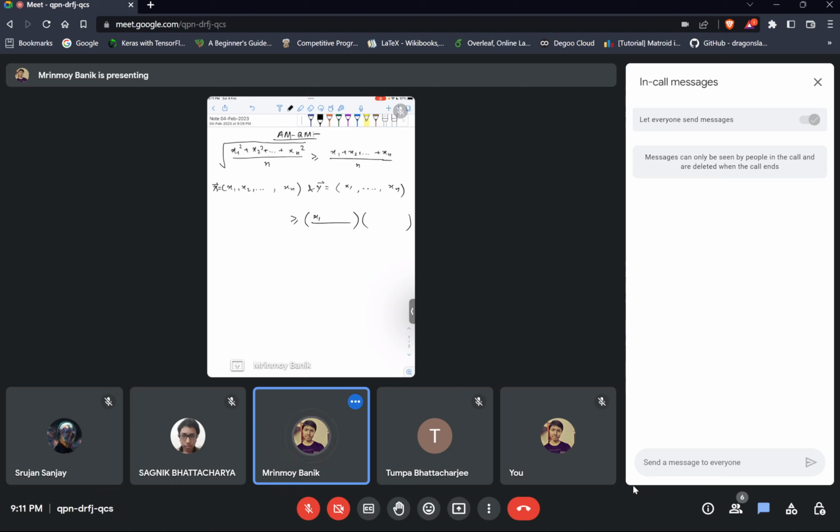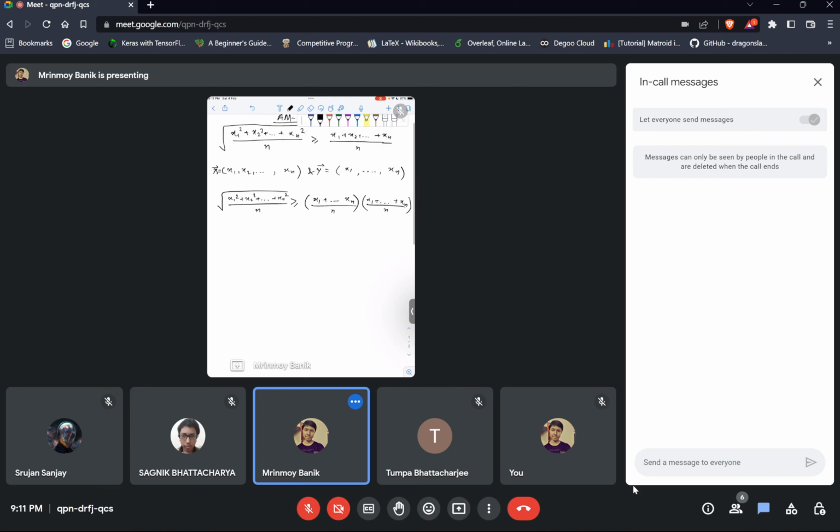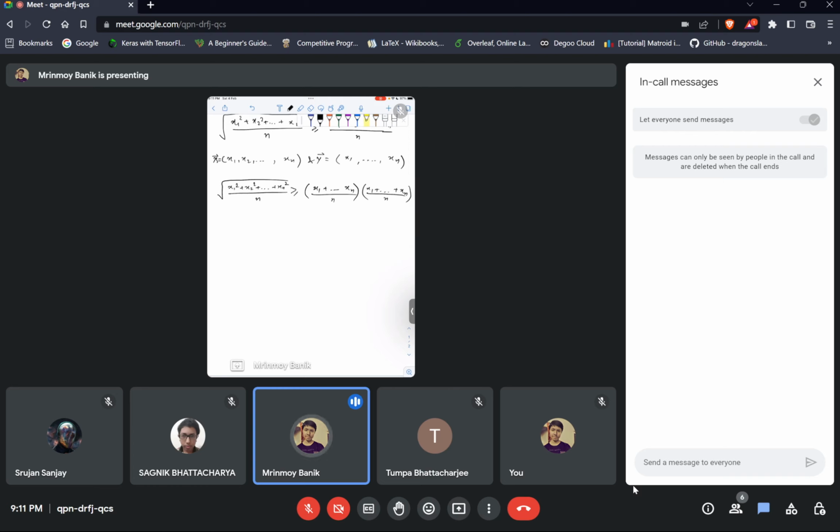So this is less than or equal to the square root of the other side.